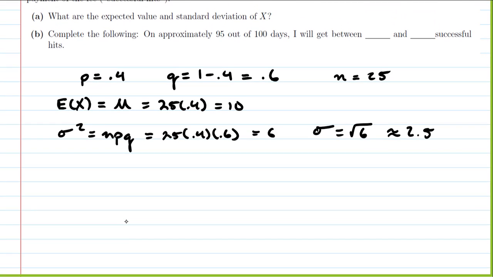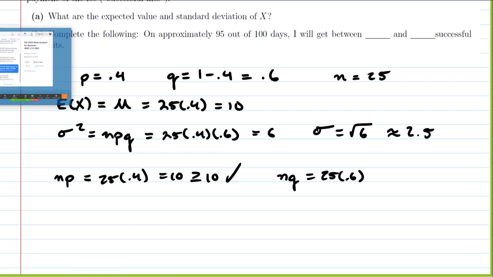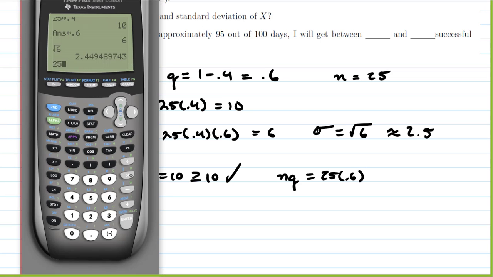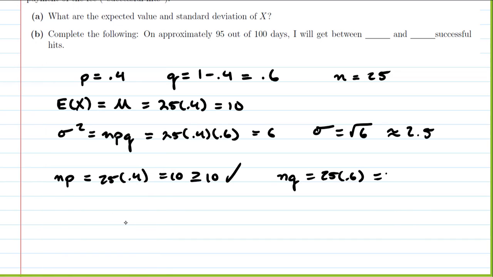So let's see, N times P is 25 times 0.4, which is exactly 10, so that's greater than or equal to 10. And N times Q is 25 times 0.6, which is 15, which is also bigger than or equal to 10.